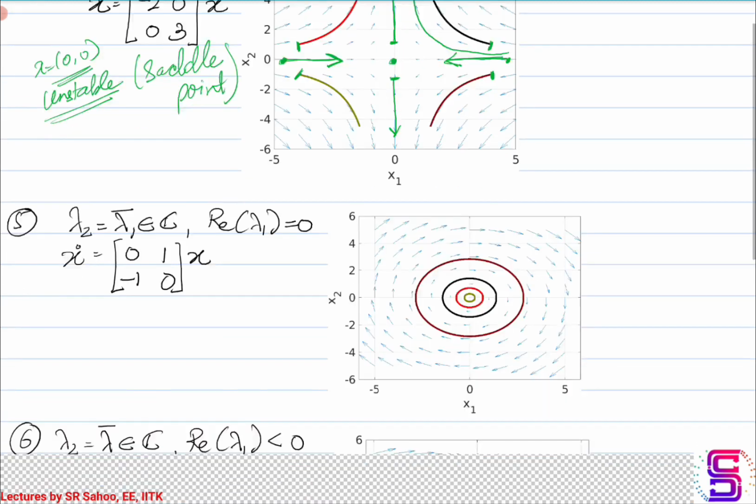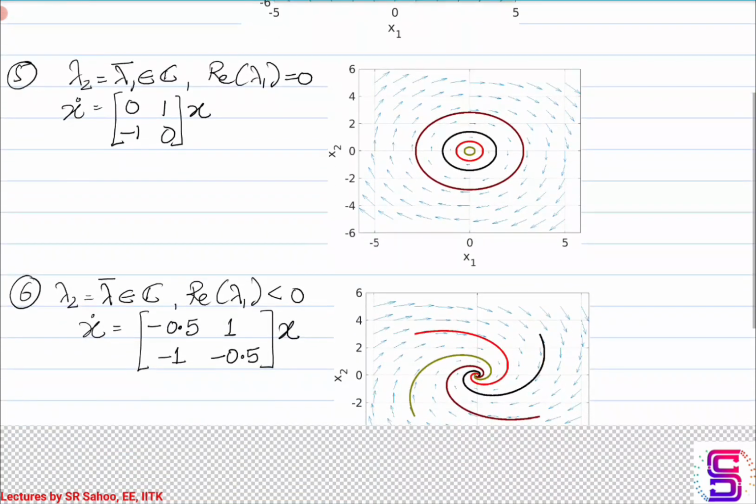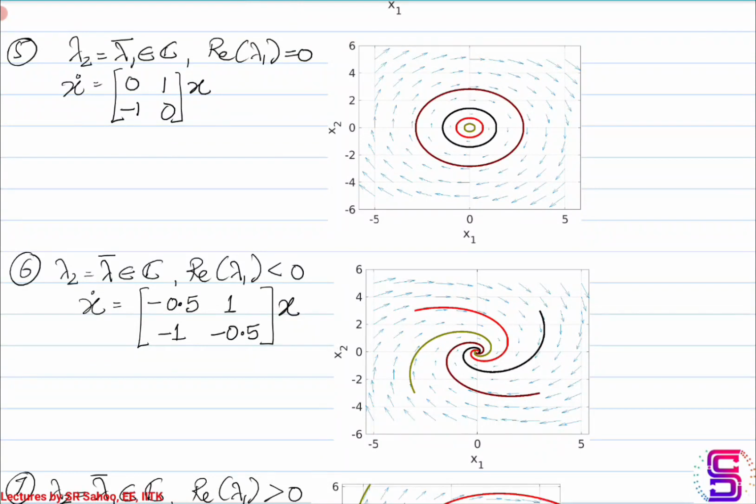Okay, so the next case is when you have complex eigenvalues, but the real part of the complex eigenvalues is zero, which means you have purely imaginary eigenvalues.